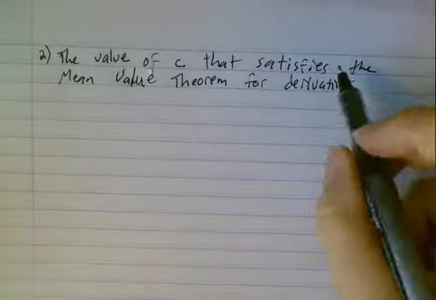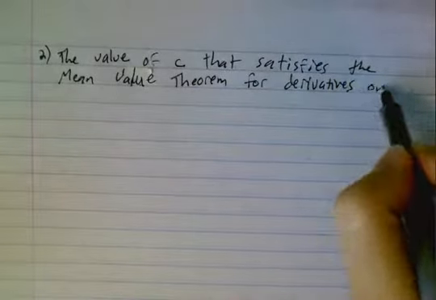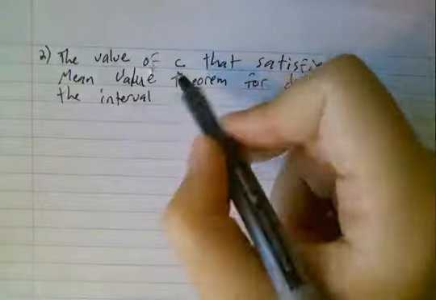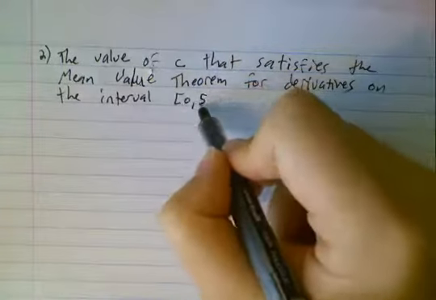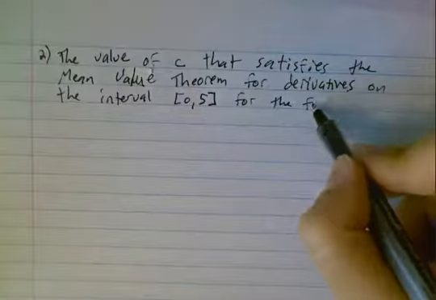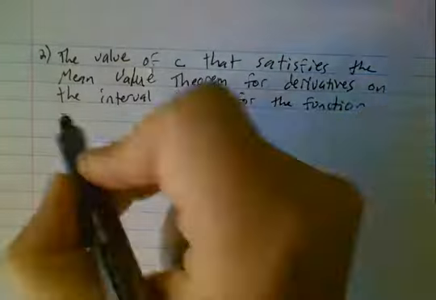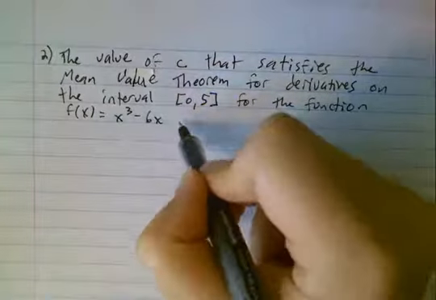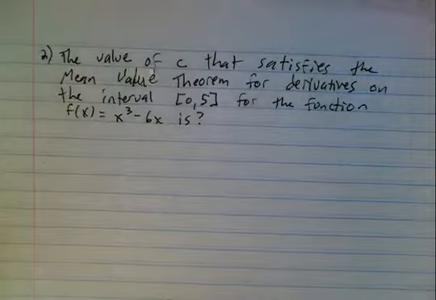There are other mean value theorems, so this is the one we know. On the interval 0 to 5 for the function f of x equals x cubed minus 6x is what?